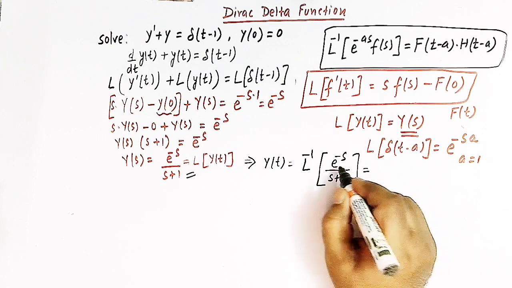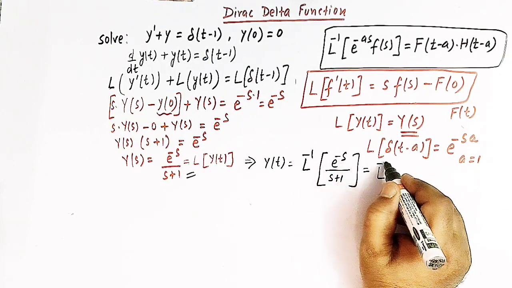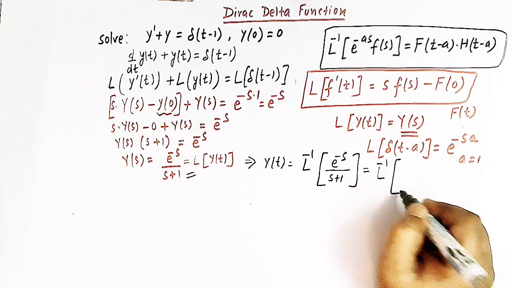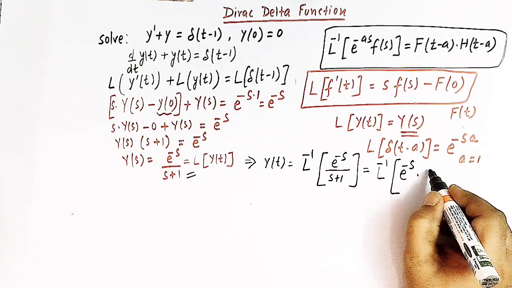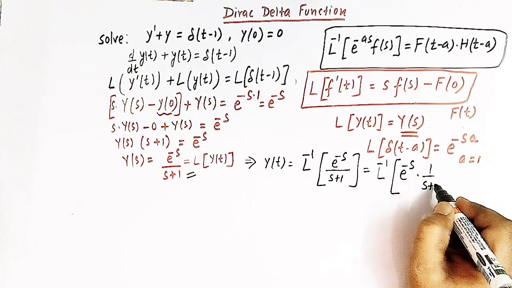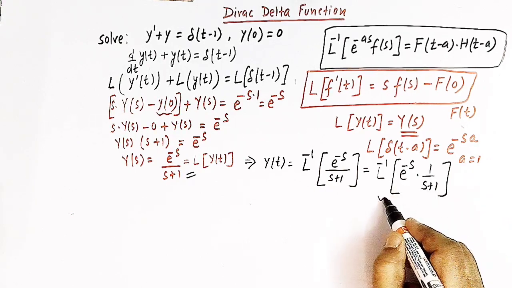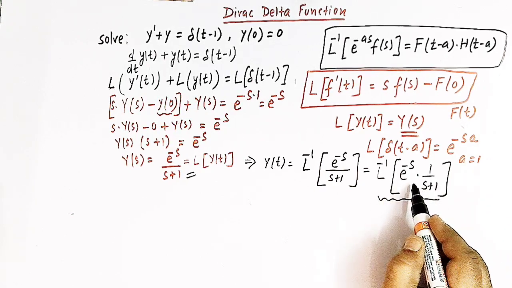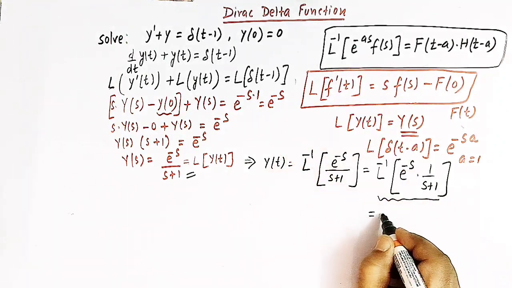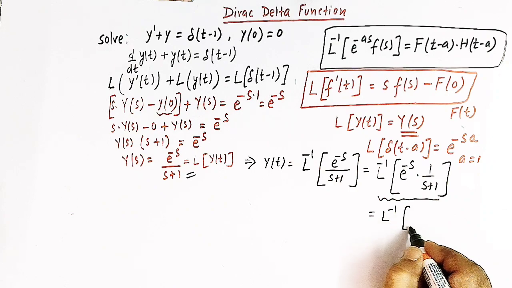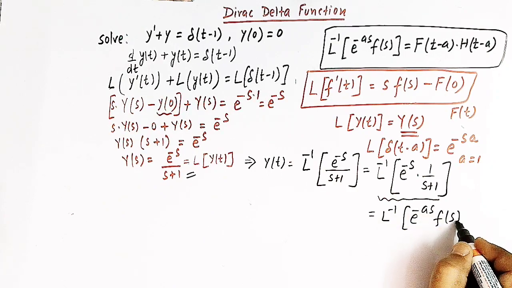So let us rewrite this function, which is a function of s. We can write L inverse, and here we have e raised to minus s times 1 over s plus 1, right? So now we have obtained this expression similar to this one, because here we have L inverse, and here we have e raised to minus as f of s.